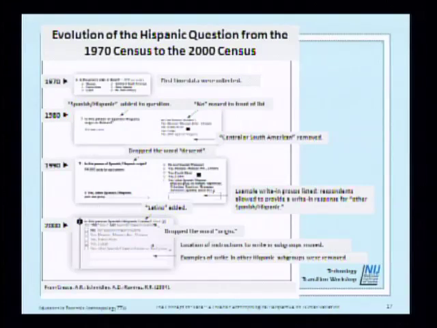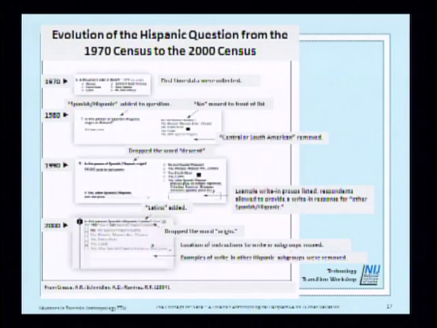Let's see some of the changes in the U.S. Census from 1970 to 2000. In 1970, it's the first time the data were collected on Hispanic populations. So in there they have Mexican, Puerto Rican, Cuban, Central or South America, other Spanish, no or some of these. All right, so you're supposed to fill some of these out.